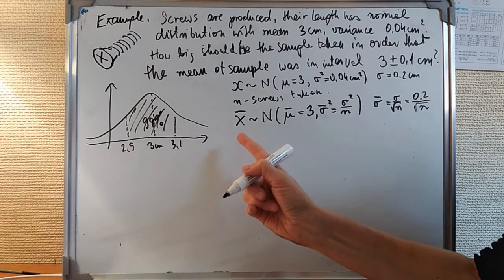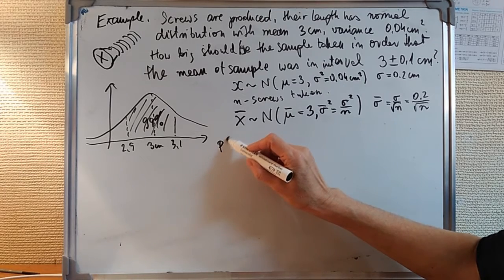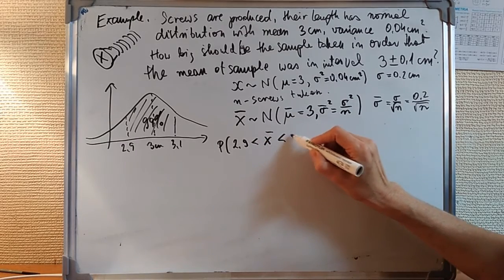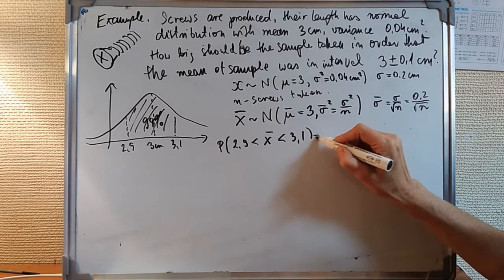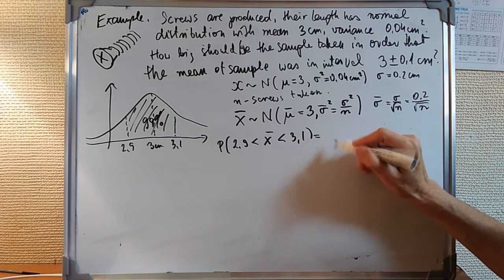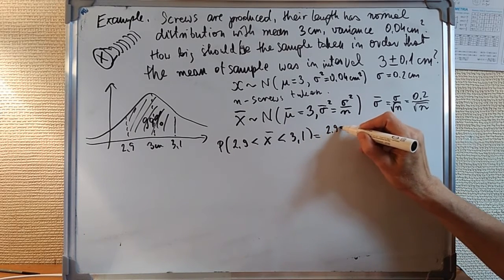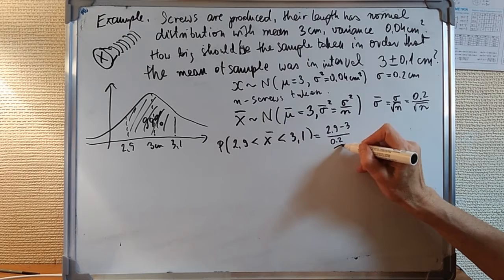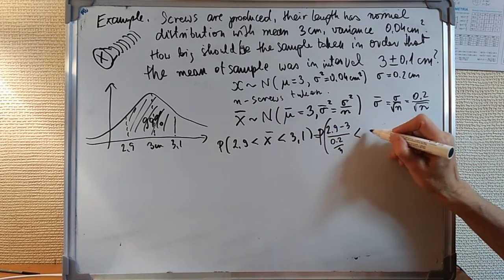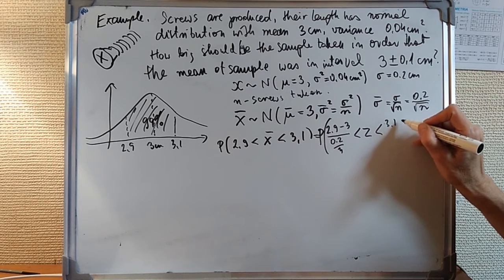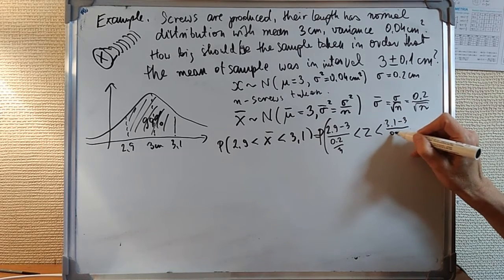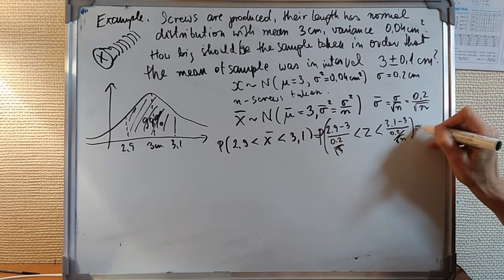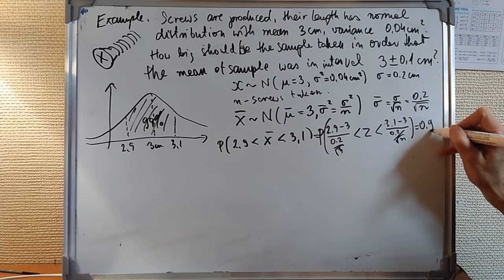Now, what do we expect? We expect that the probability that we are between 2.9 and 3.1. Let's standardize it. 2.9 minus 3 over 0.2 by square root of n is z. 3.1 minus 3 over 0.2 by square root of n is 0.99.